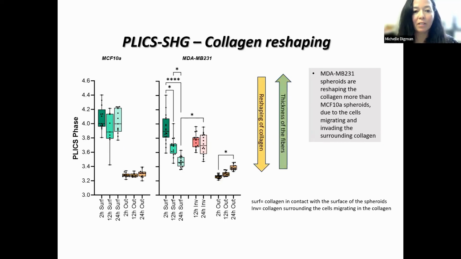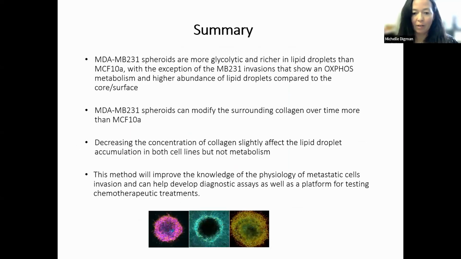With PLIX and second harmonic generation reshaping, we see that MB231 cells are reshaping the collagen more than the MCF10A spheroids due to the cells migrating and invading the surroundings.